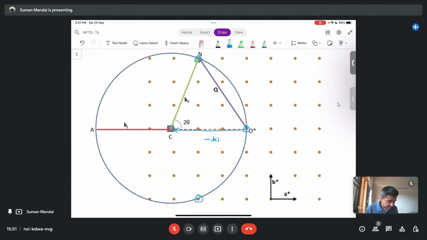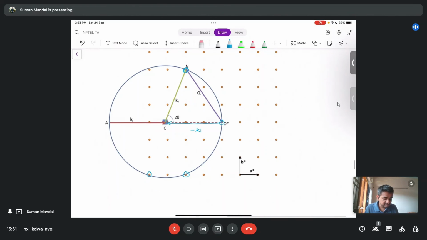For example, we get diffraction when it's in this one, when it's in this one, and it slightly misses this one, but maybe this one too, because there's a certain broadening associated with it.